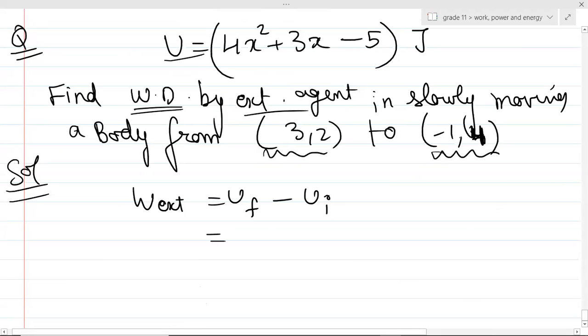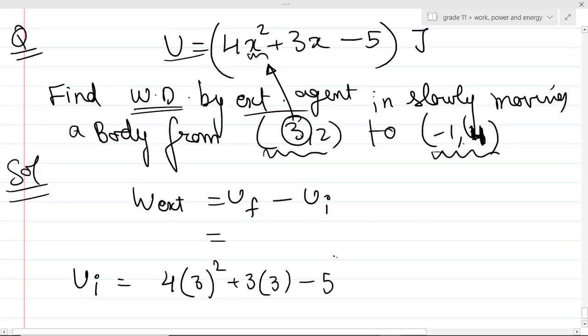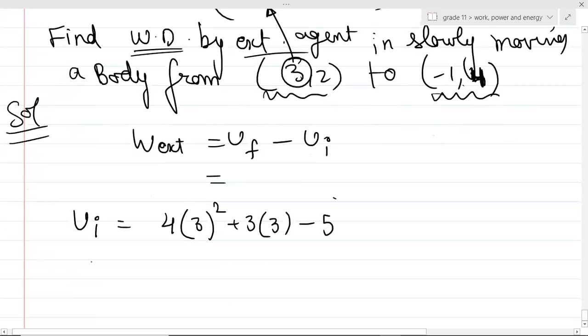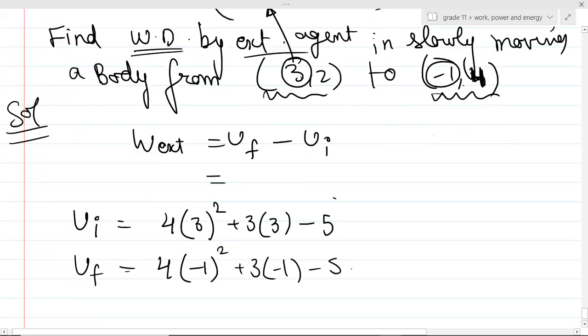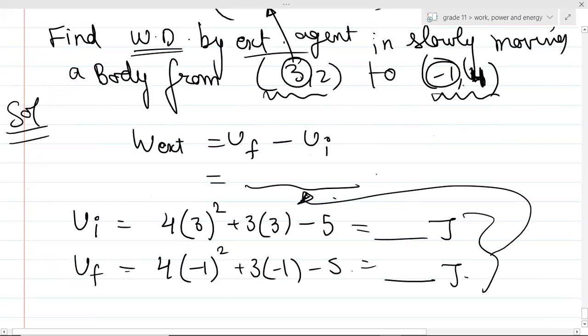The initial energy is dependent only on x, so it is 4 into 3 square plus 3 into 3 minus 5. The final energy is 4 into minus 1 square plus 3 into minus 1 minus 5. I think you people can do it now, and that's your answer.